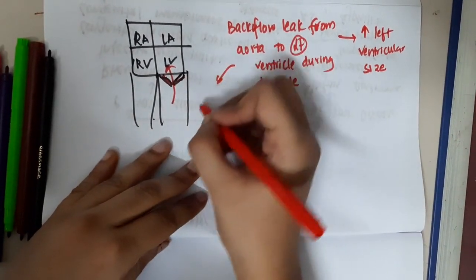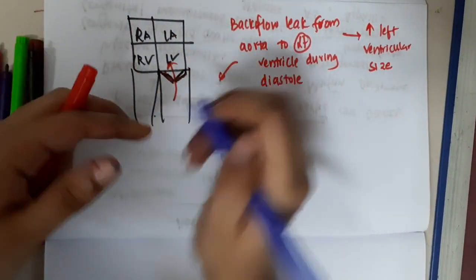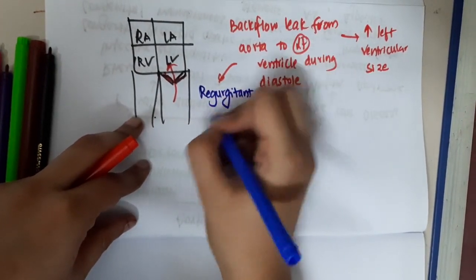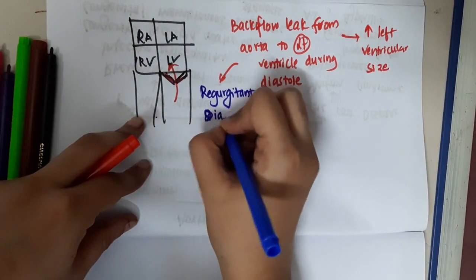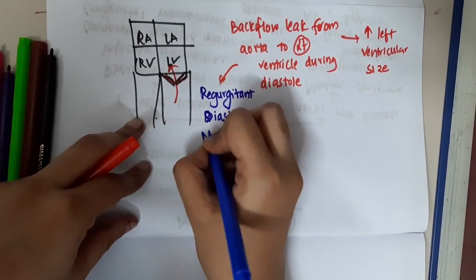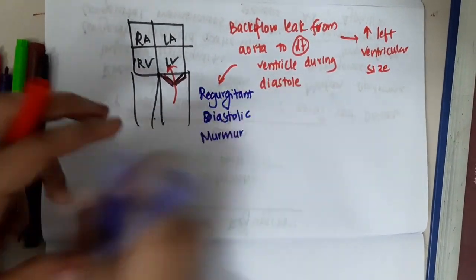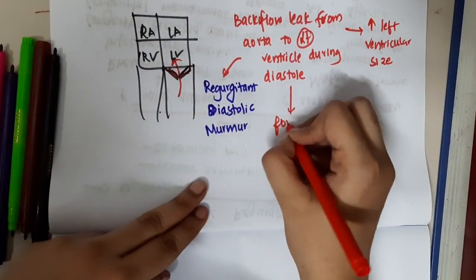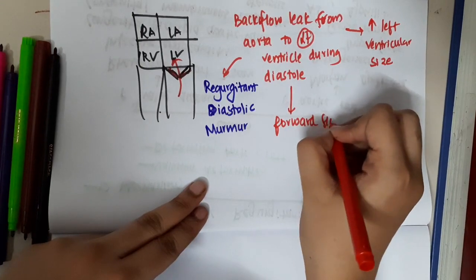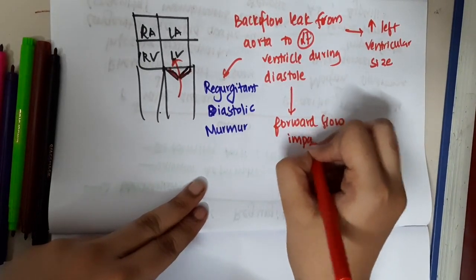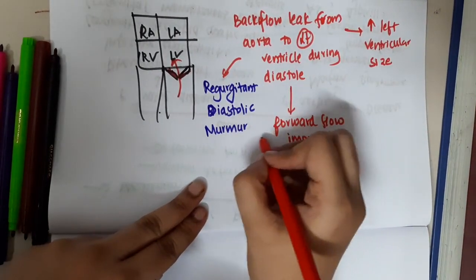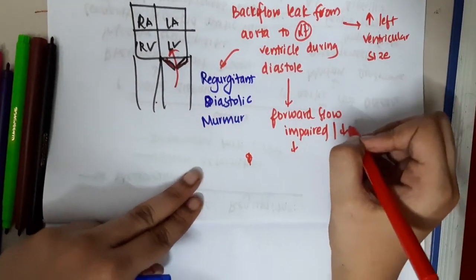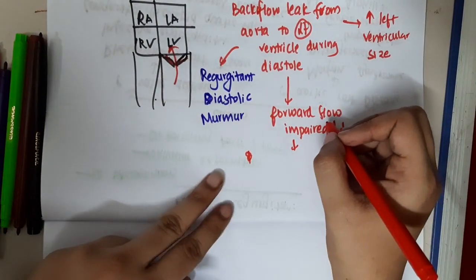And because of this backflow, you will see a regurgitant diastolic murmur, because there is regurgitation. And because of this backflow, the forward flow will be impaired, or decreased.